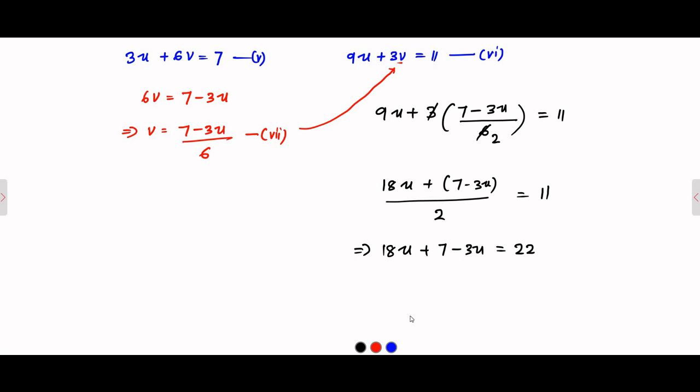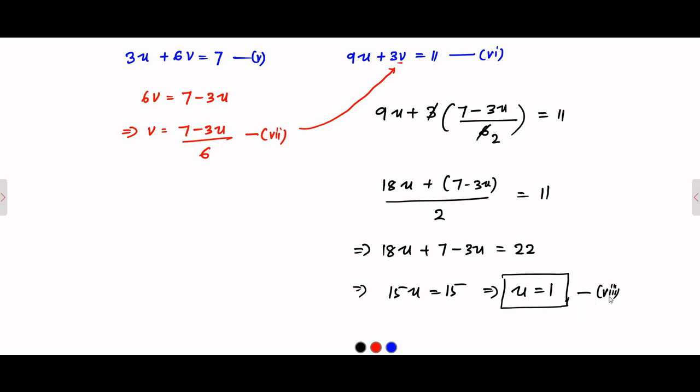So 15u = 22 - 7, as the 7 went to the RHS and became minus, which is 15. That implies u = 1. Let's call it equation 8.